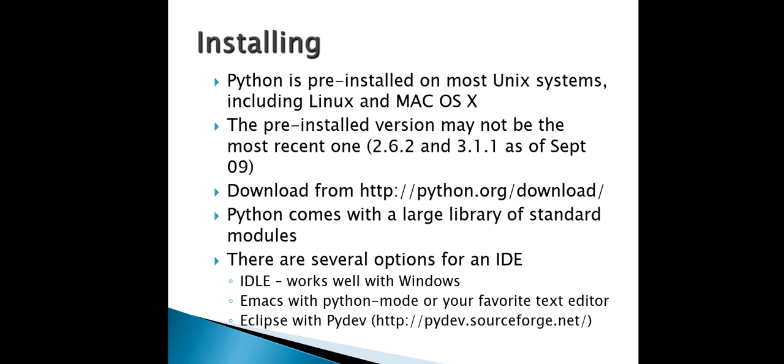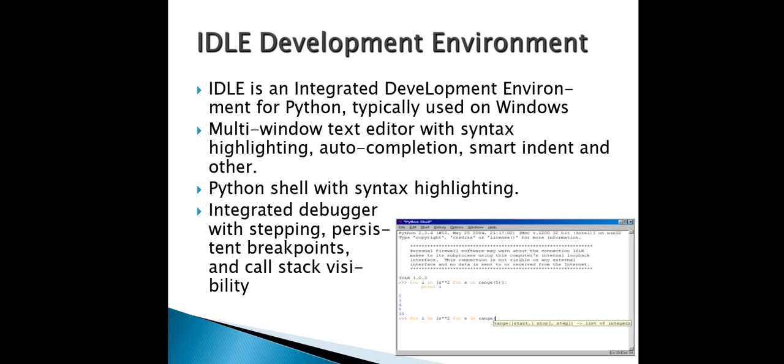Installing. Before writing Python code, you need to install this software. Python is pre-installed on most Unix systems, including Linux and Mac operating systems, and you can easily use it on Windows. With the help of this given URL you can easily install it. IDLE development environment.